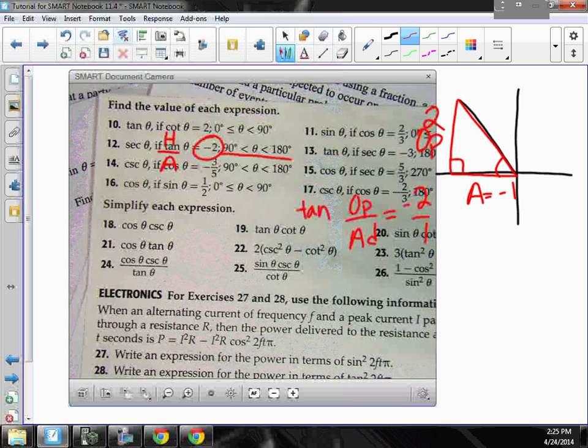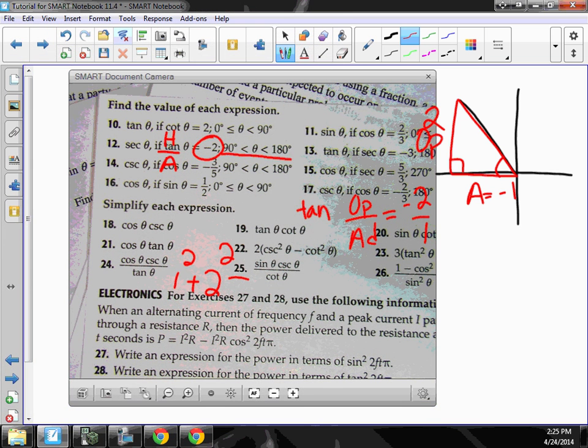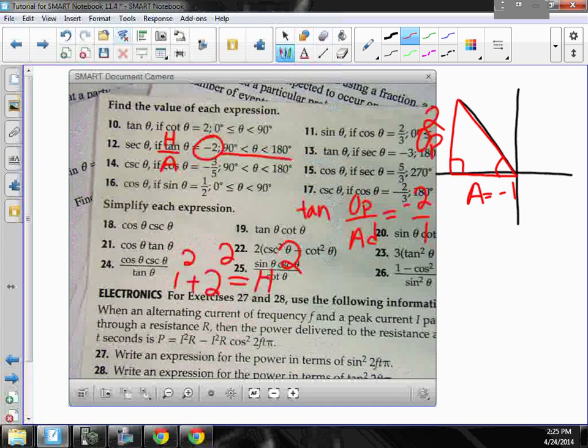1 squared plus 2 squared equals h squared. Everybody okay with that? So 1 plus 4 equals h squared. So h squared equals 5. So to find h, square root, and I get plus or minus. Which one is it? In this case, it's plus.